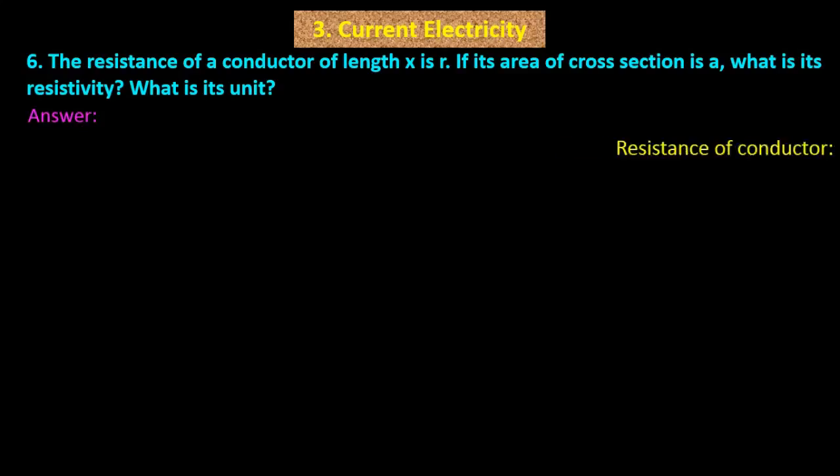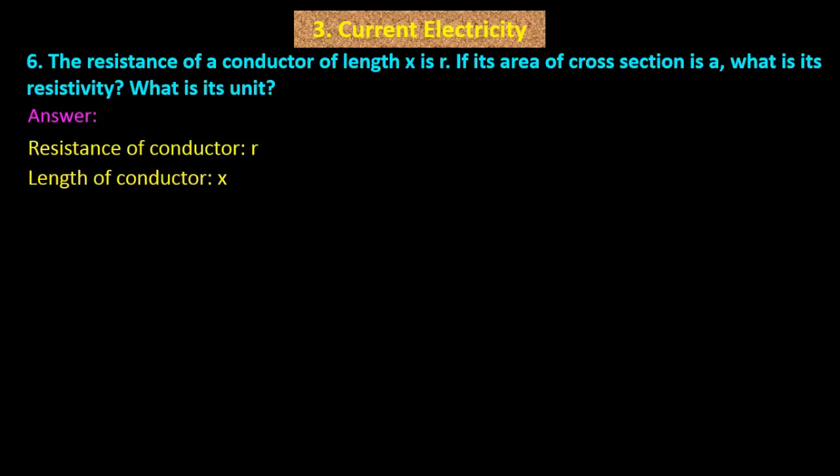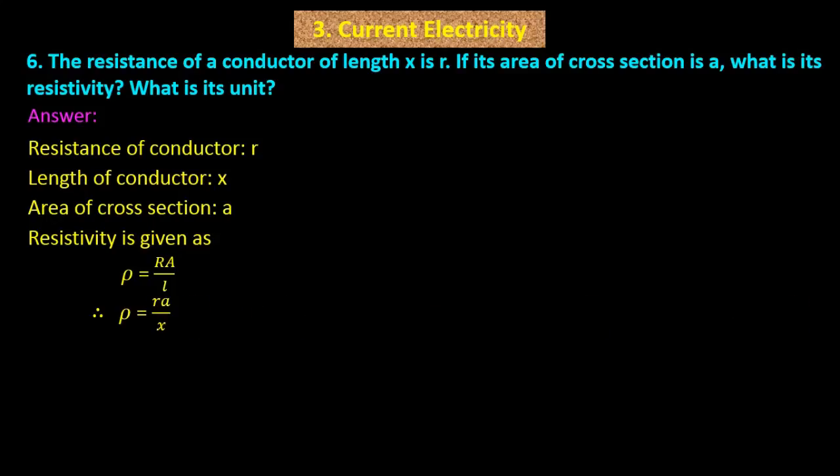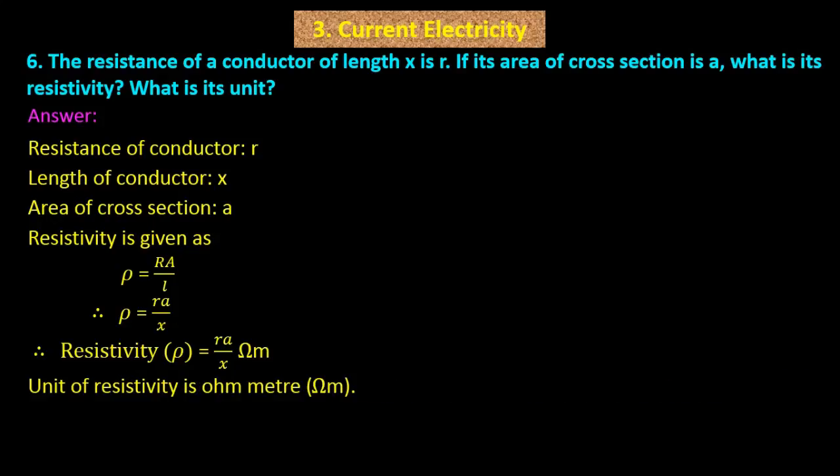Answer: resistance of conductor R, length of the conductor is x, area of cross section is A. Resistivity is given as ρ = RA/L. Therefore, resistivity is equal to RA/x, ohm meter. The unit of resistivity is ohm meter.